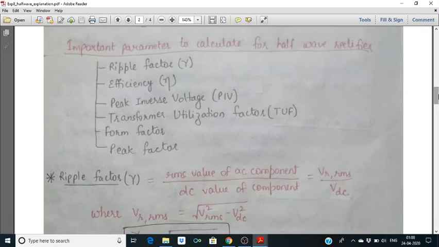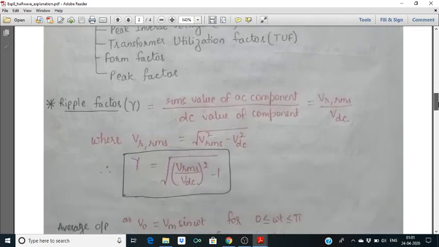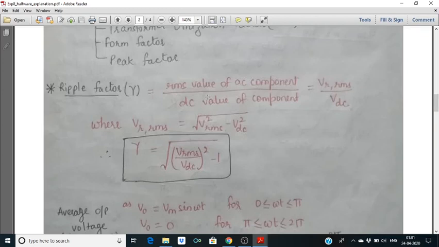Now there are some important parameters for half wave rectifier. Those are ripple factor, efficiency, peak inverse voltage, transformer utilization factor, form factor, and peak factor. Now first of all we will study ripple factor. Ripple factor is nothing but the ratio of RMS value of AC component to DC value of the DC component of output.